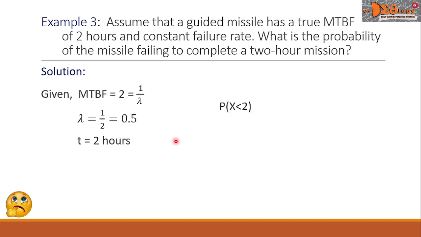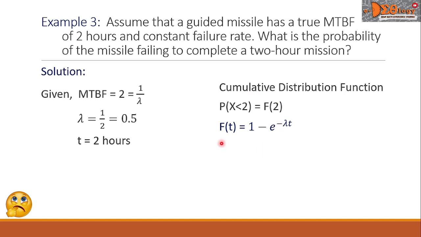In this problem, the question is the probability that x would be less than 2. And this is equal to the capital F of 2, which means this is about cumulative distribution function. Our formula is capital F of t equals 1 minus e raised to the negative lambda times t.